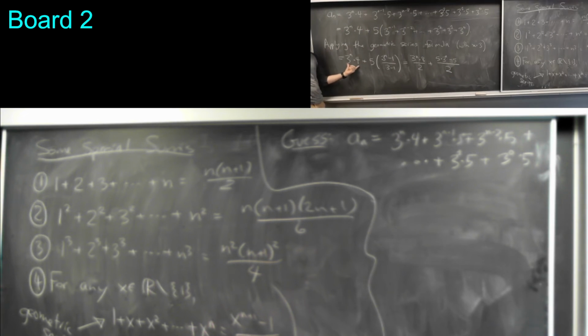Here I'm just putting this under the same denominator and multiplying that through, which is 13 times 3 to the n minus 5 over 2.